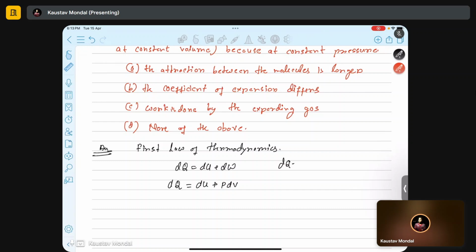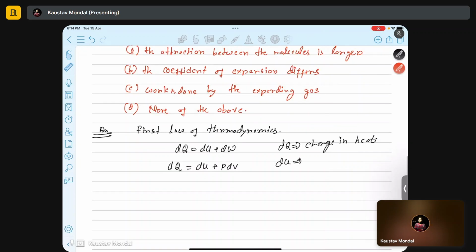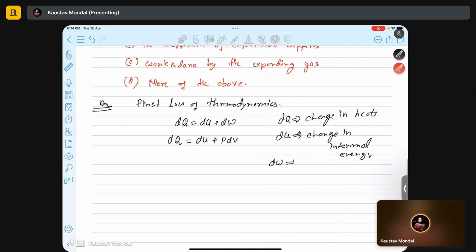Here dq is the change in heat, du is the change in internal energy, and dw is the work done. So these are the given things.